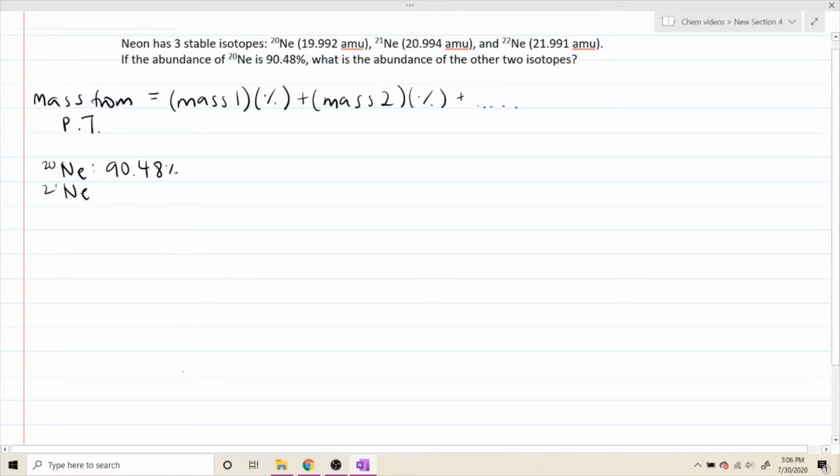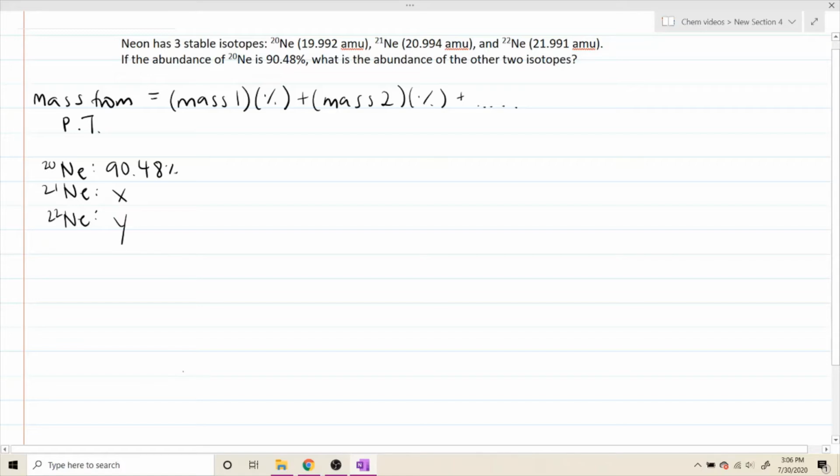For neon 21, we don't know that, so we're going to call that X. And for neon 22, that one's also unknown, so we're going to call that Y. Then we're going to plug what we know into this general formula up here.